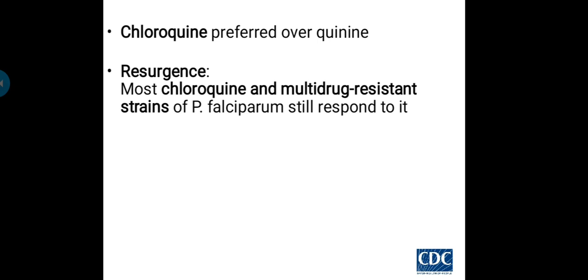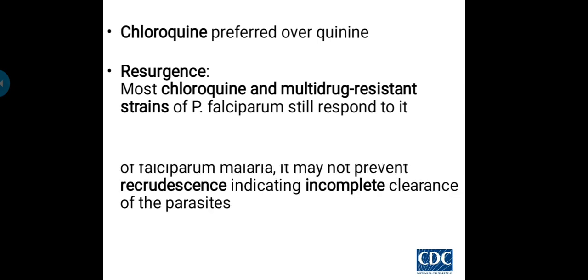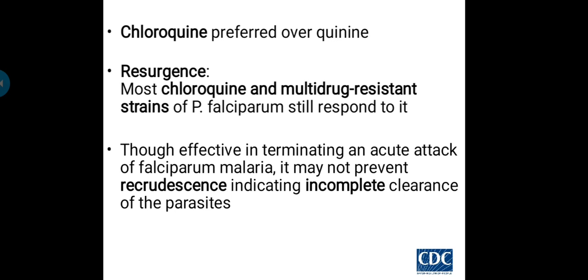And quinine's use was reduced because of the development of artemisinin-based therapy, but due to the development of artemisinin resistance also, quinine use has resurged. There is a resurgence of quinine use. So most chloroquine- and multi-resistant strains of Plasmodium falciparum still respond to it. That means quinine resistance still has not developed.